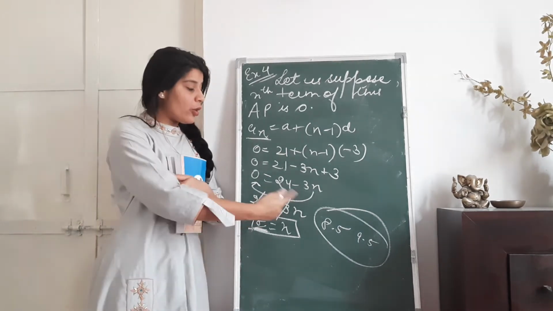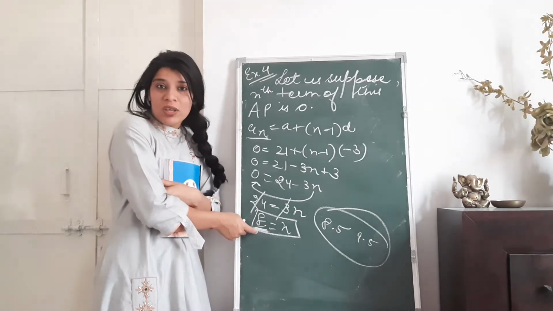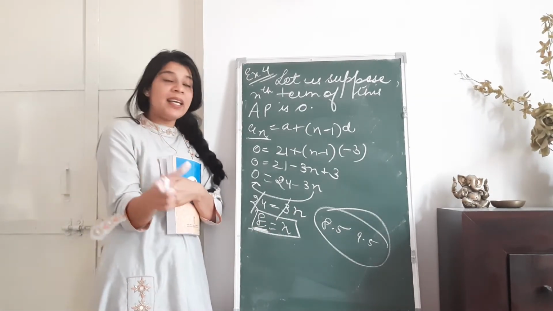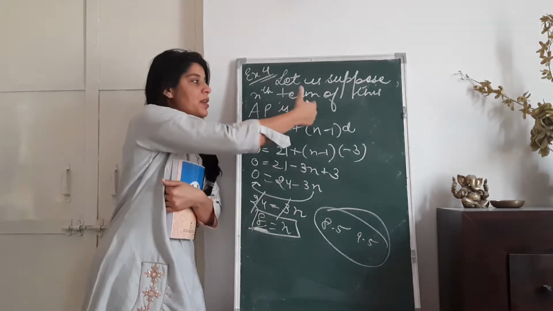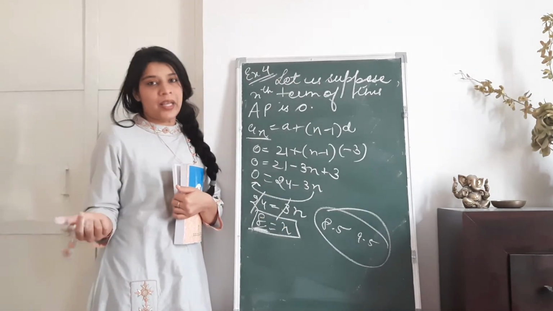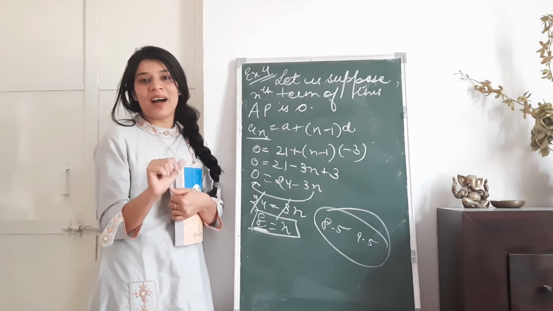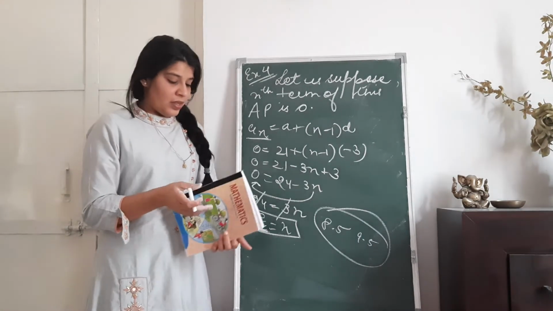So this is how you have to reason in the question. If n is coming as an integer, then definitely the 8th term of this AP is going to be 0. But if n is coming as a non-integer value, then that 0 is not going to be part of an AP.